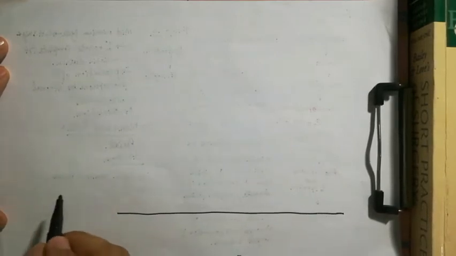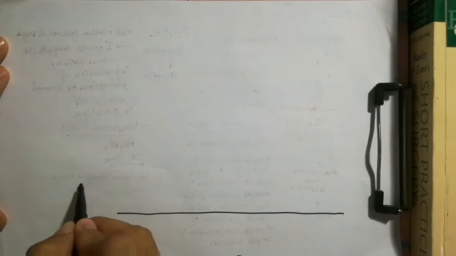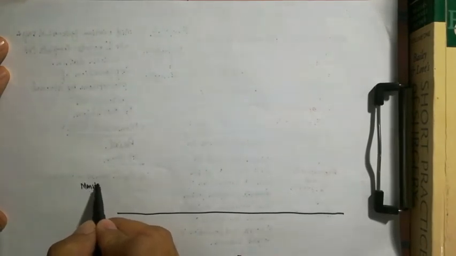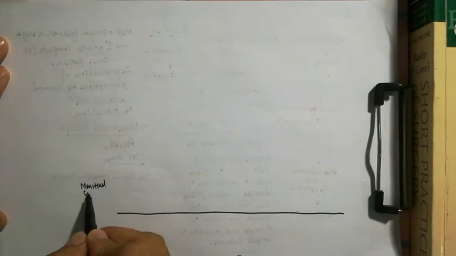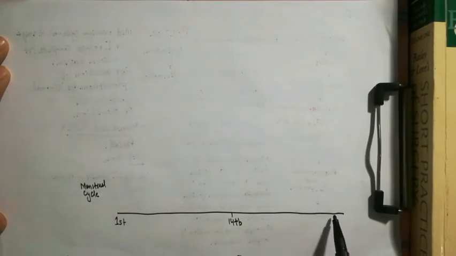This is menstrual cycle. This is first day of menstrual cycle, and this is mid cycle, means 14th day, and this is last day or 28th day.